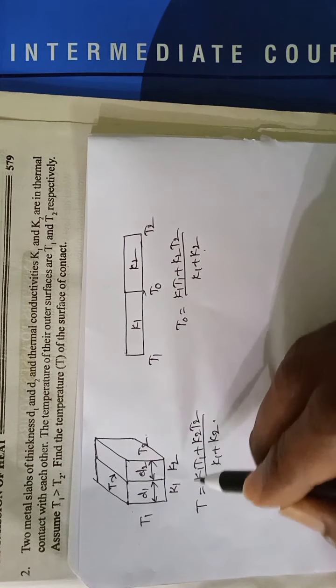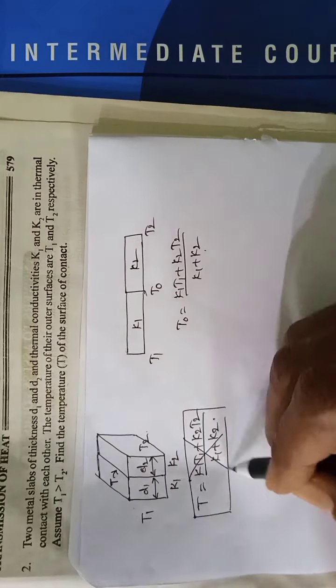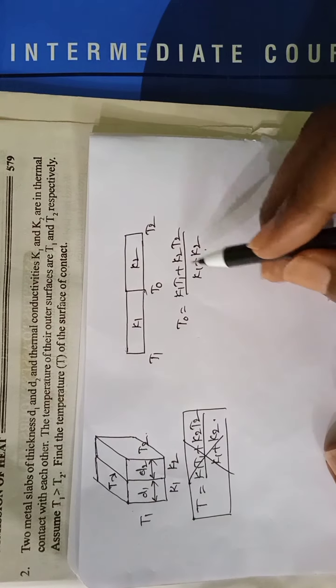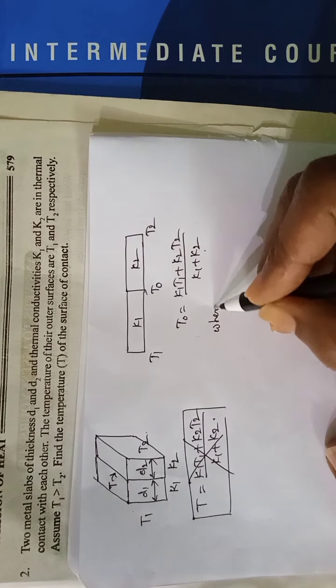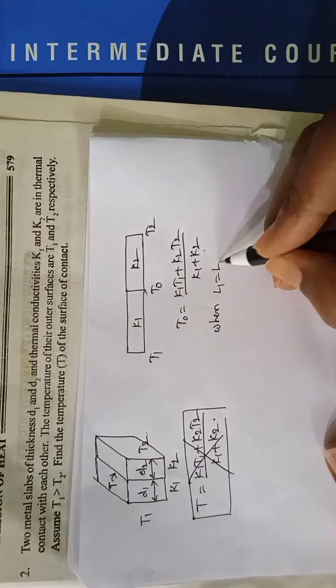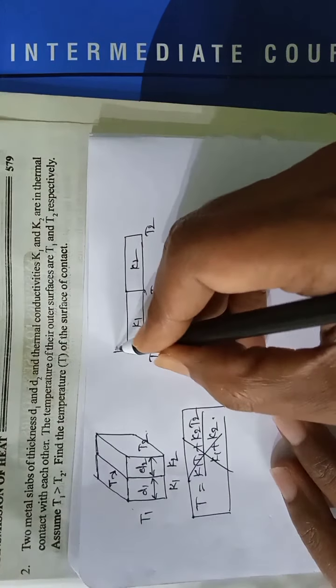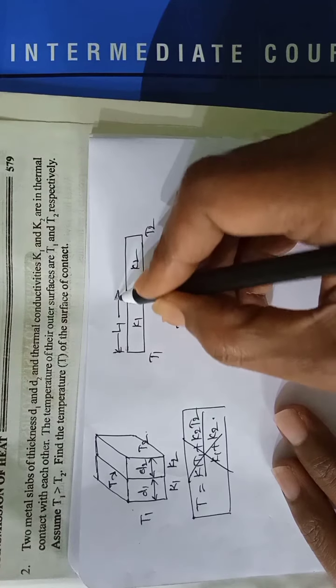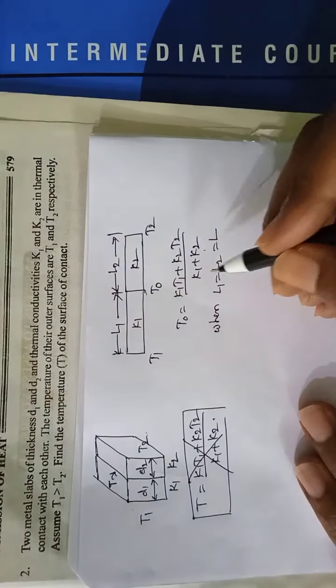No, we can't get this formula. The reason is, I will tell you. We got this formula when L1 is equal to L2 is equal to L. See, here this is L1 and this is L2.